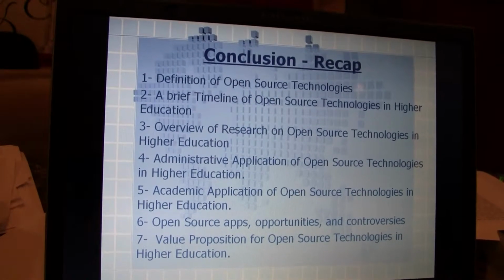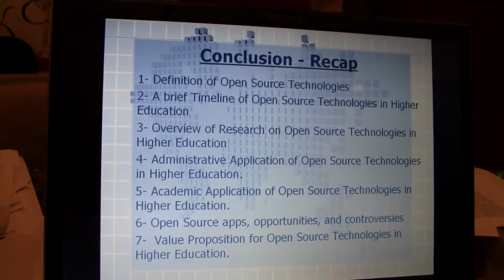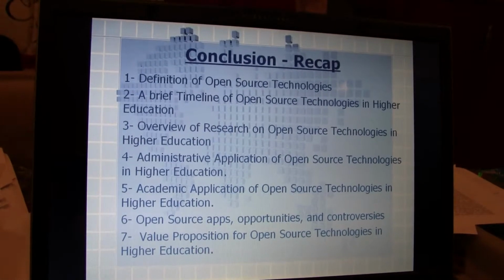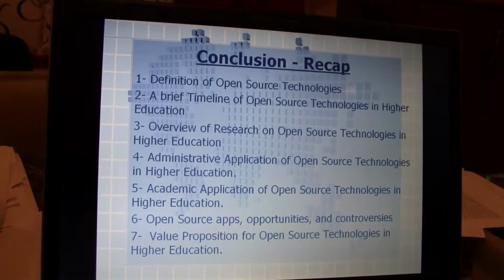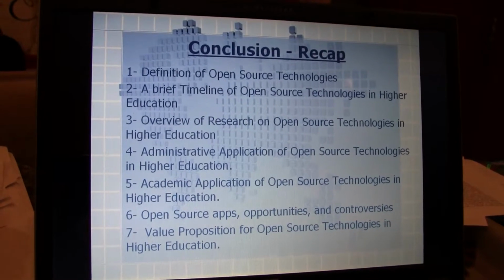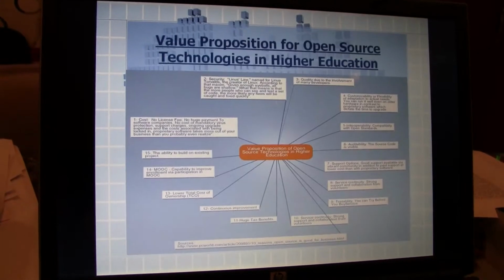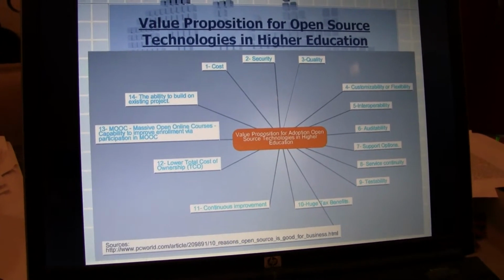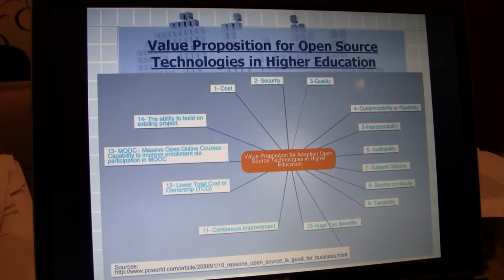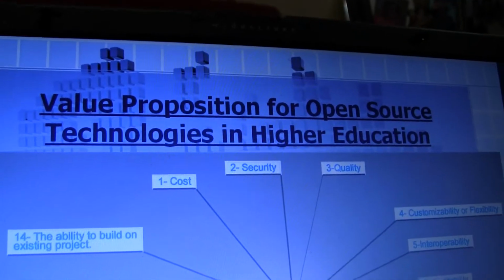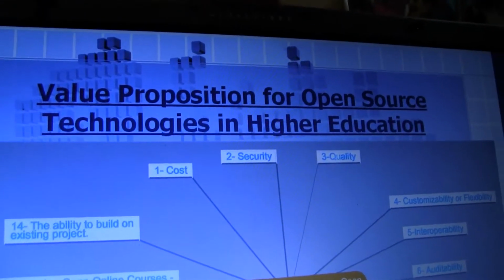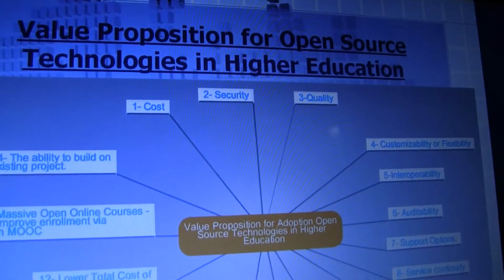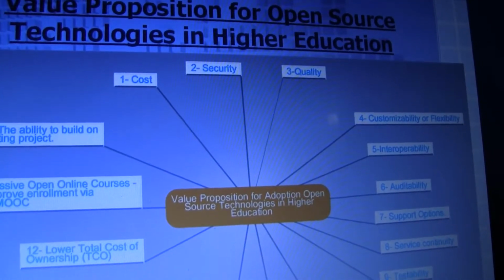Just to recap, we introduced open source technologies, definition, timeline, overview, academic and administrative applications, opportunities, controversies, and now we're ready to offer you a value proposition for the adoption of open source technologies in higher education. This is what we'll be proposing as a value proposition.